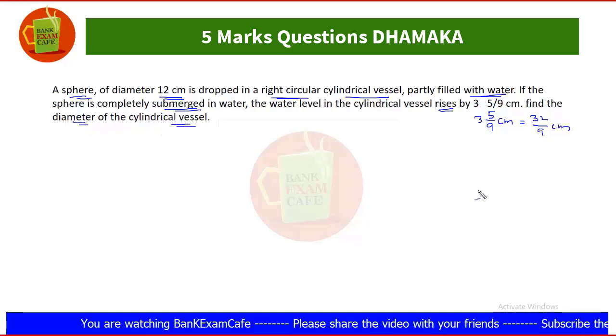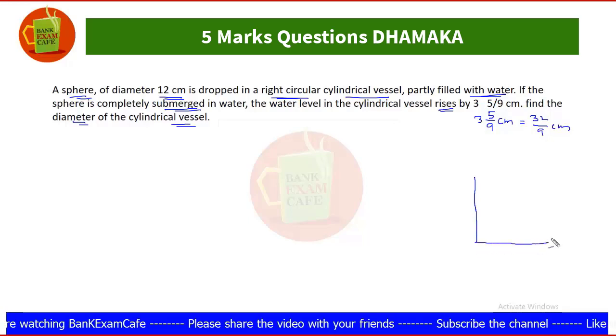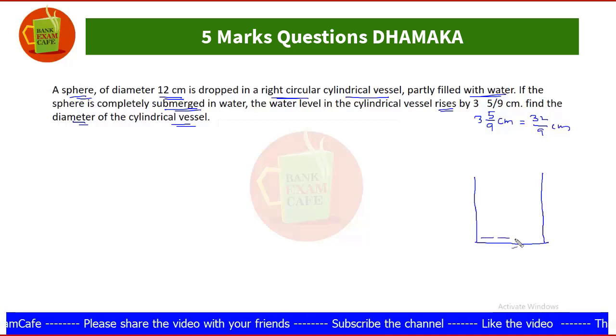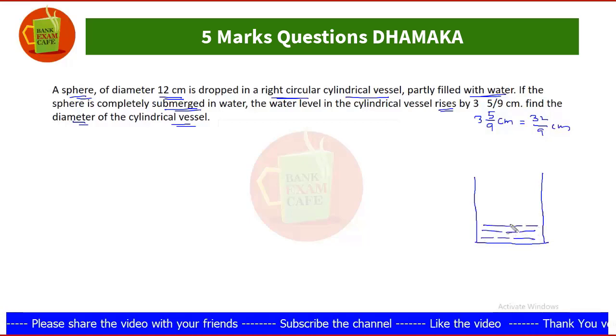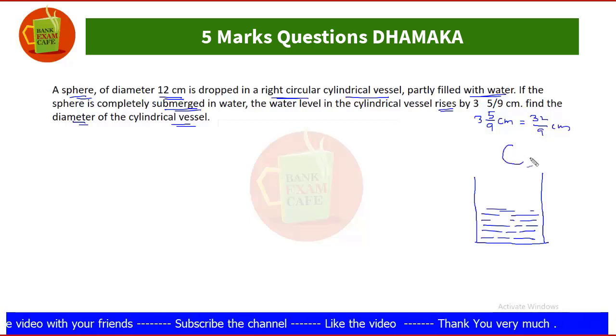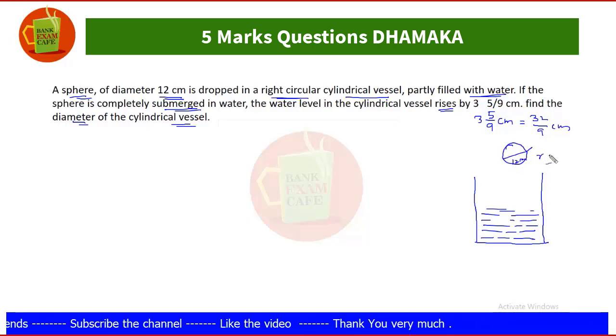Now see here what is said in the question, that there is a cylindrical container and it is partly filled with water, and a sphere whose diameter is 12 centimeter, it means radius is 6 centimeter, is dropped into this water, and it is said that this sphere completely submerges into the water.